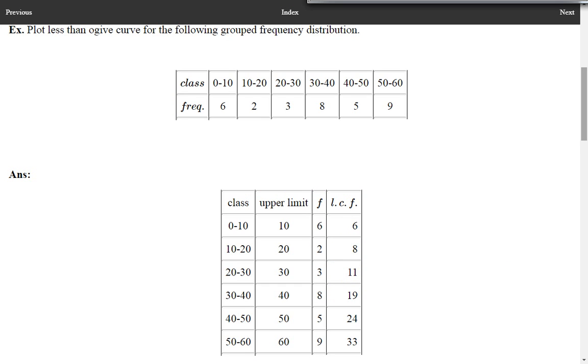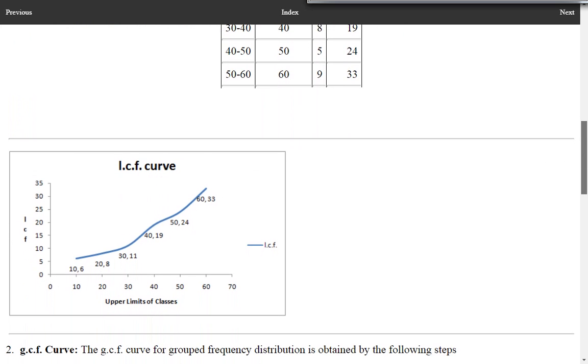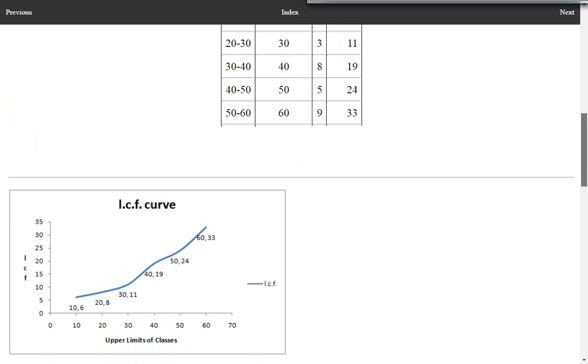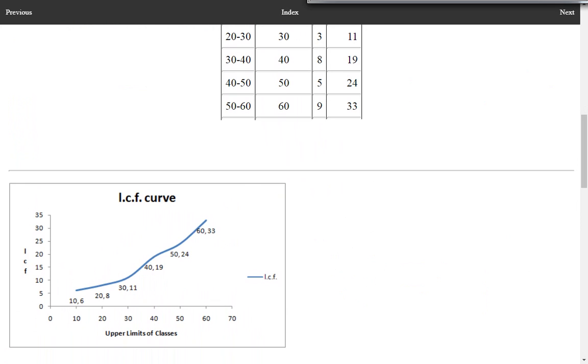Now, for plotting the LCF curve, we have to take upper limits of classes on the x-axis, and on the y-axis we take LCF.